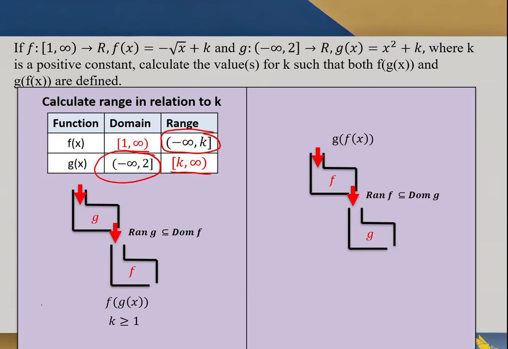That also means that we know our k value. So our k value is to be greater than or equal to 1, and it also has to be equal to or less than 2, based on the information we have there.